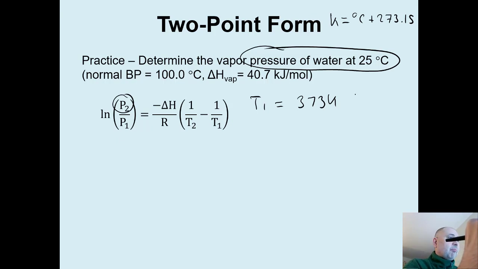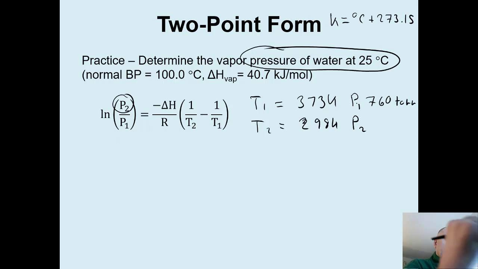And so we know the vapor pressure there is equal to the external pressure, so that's 760 torr. And then the other temperature is equal to 25 plus 273, so it's 298 K. What we don't know is the pressure at that temperature, and so that's what X becomes.